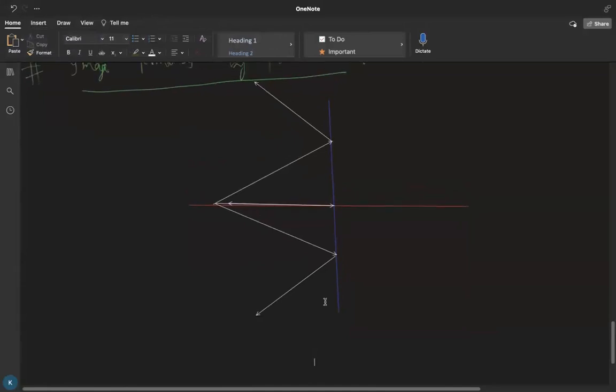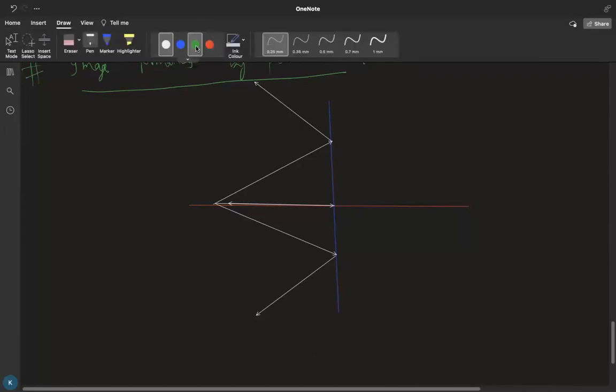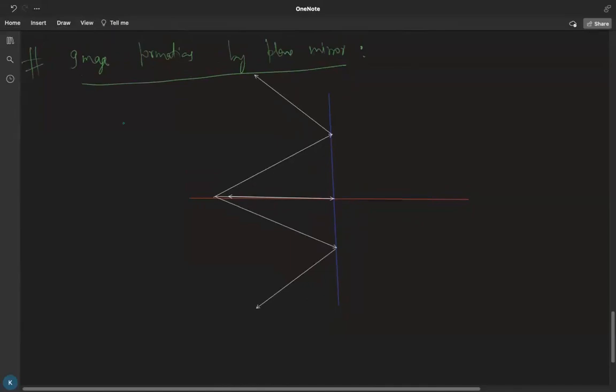You can take one or more rays of light as well. So let's take the green color for the notation. Okay. So this is actually our plane mirror. Let me draw it here. So this is actually our plane mirror.